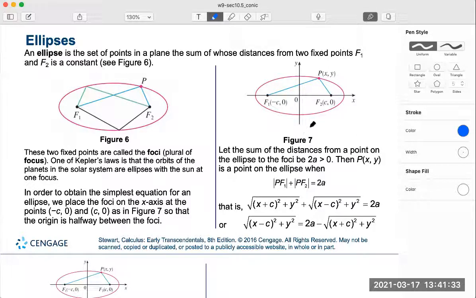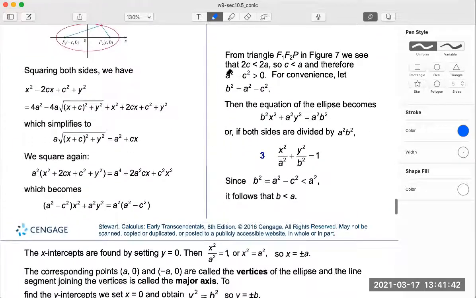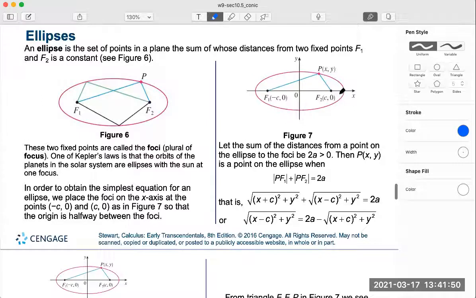And doing some algebra, we'll have that the equation of this ellipse is x squared over a squared plus y squared over b squared is equal to 1. This is the equation of an ellipse.